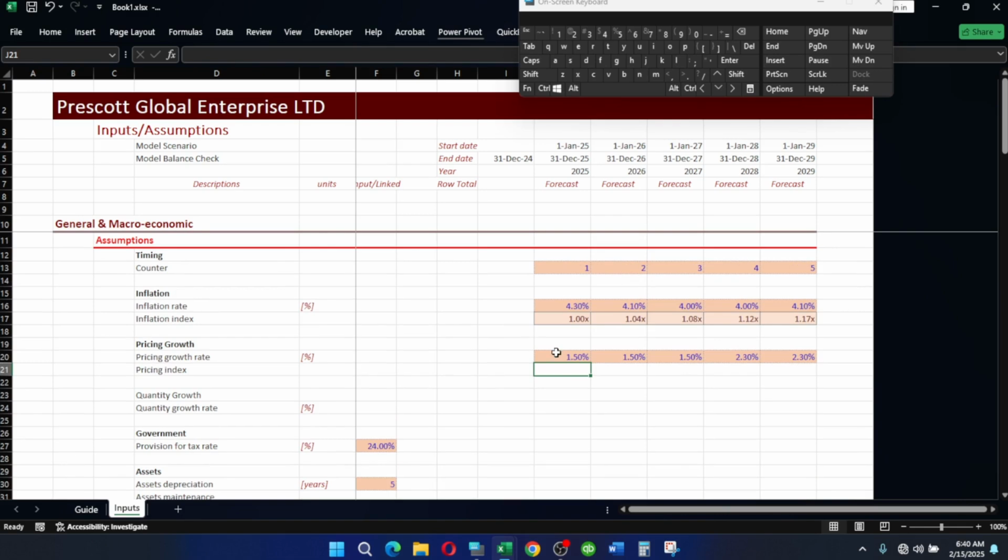We're going to calculate our price index, equals 1 plus the price growth rate, close bracket, raised to the power of open bracket counter minus 1. So that is our counter.